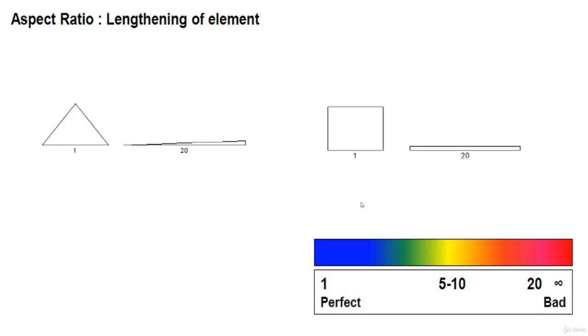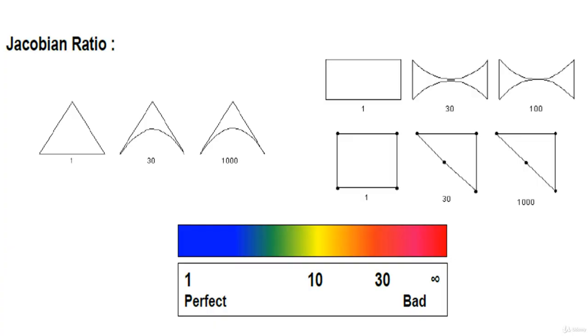Then the next one is the Jacobian ratio, which also varies from 1, which is perfect, to infinity, which is bad. This value can range anywhere from 1 to 5 for a good mesh, but once it crosses 5, the mesh quality is going to deteriorate.